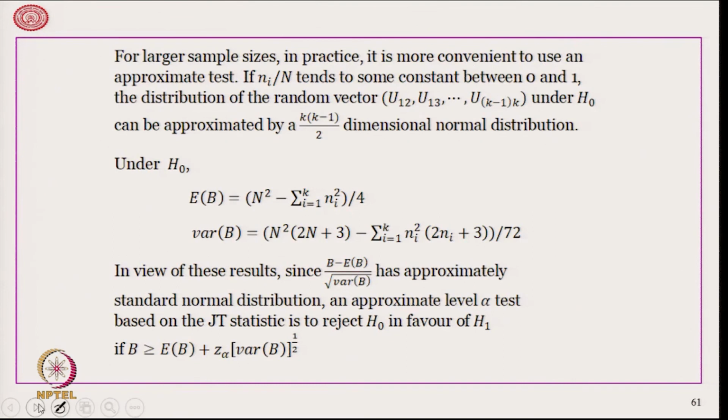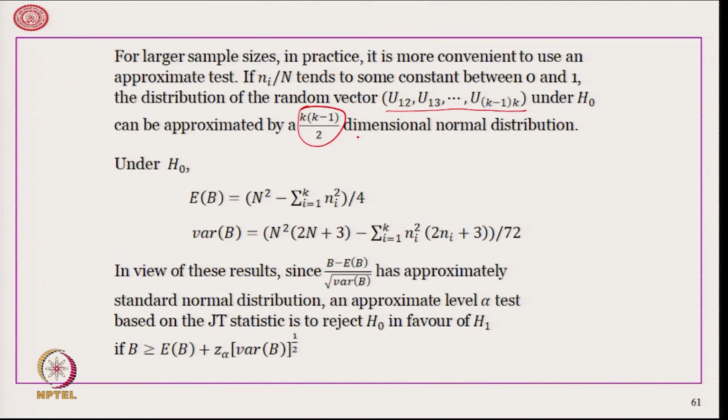However, for larger samples, in practice it is more convenient to use an approximate test. If Ni by capital N tends to be some constant between 0 and 1, the distribution of the random vector U12, U13 up to U(k minus 1),k under H0 can be approximated by a k into (k minus 1) by 2 dimensional normal distribution.